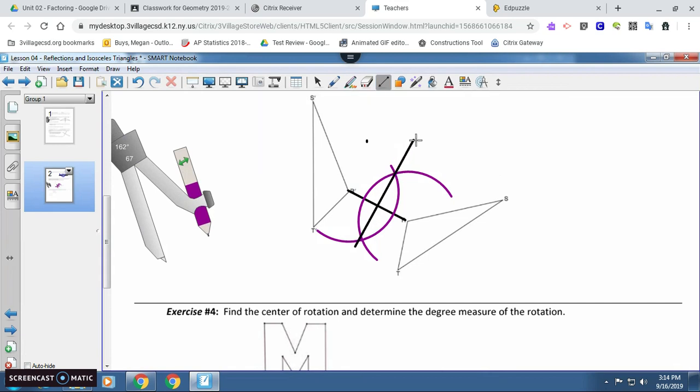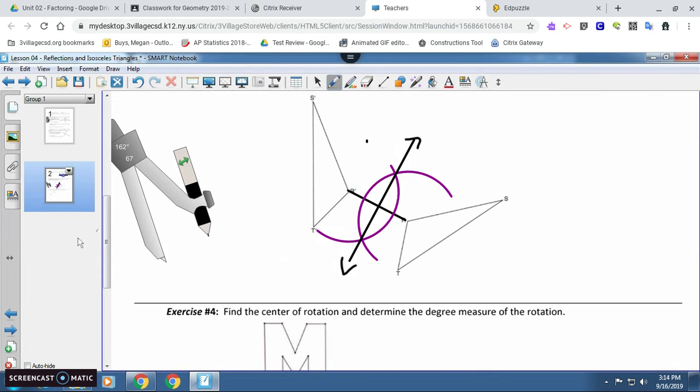And here is our line of reflection, just connecting those points. And it is called a line of reflection in this case. So I do want to make sure I put those arrows on because lines we know go on forever. So we get those here.